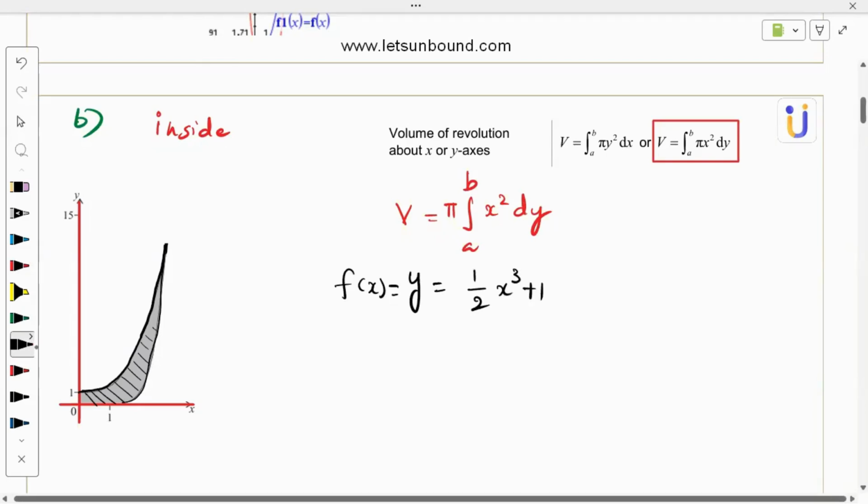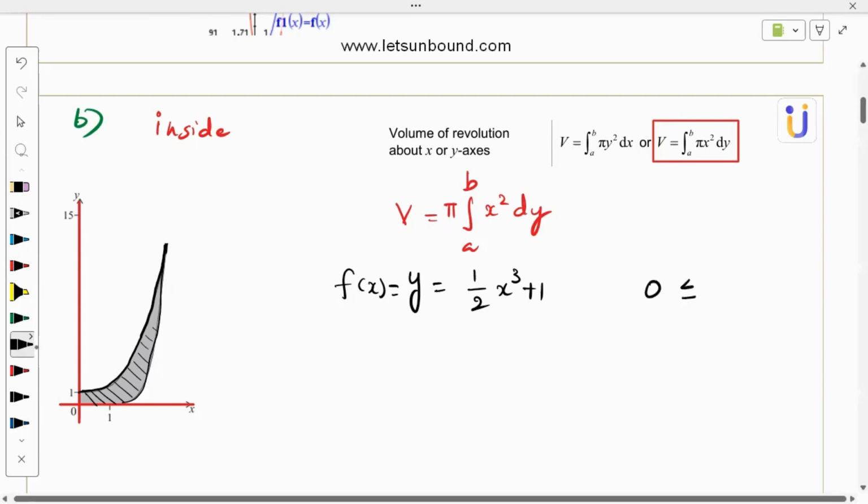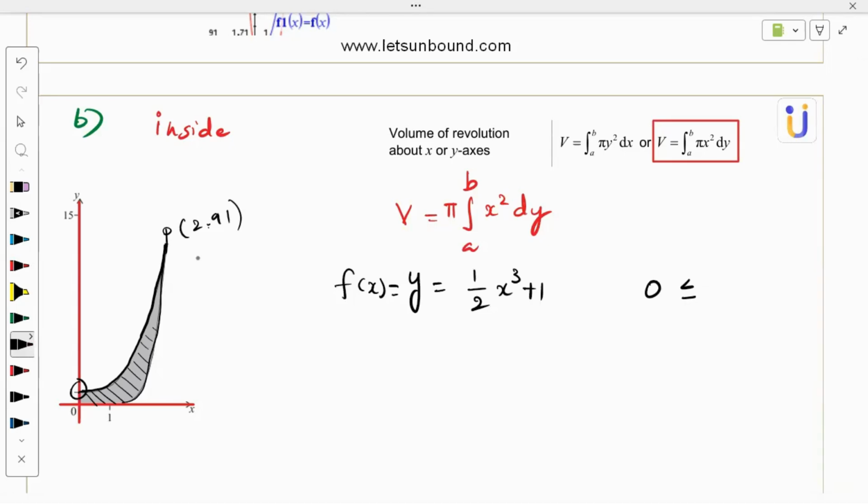Now I want x squared, so we make x squared the subject. That's the only part. And we also need to find the bounds. f of x ranges from 1 to that p value, which we also need.